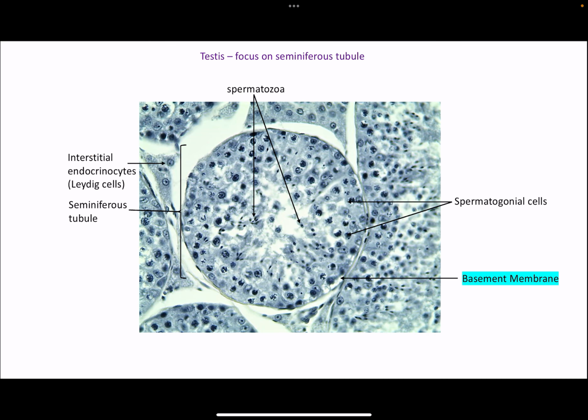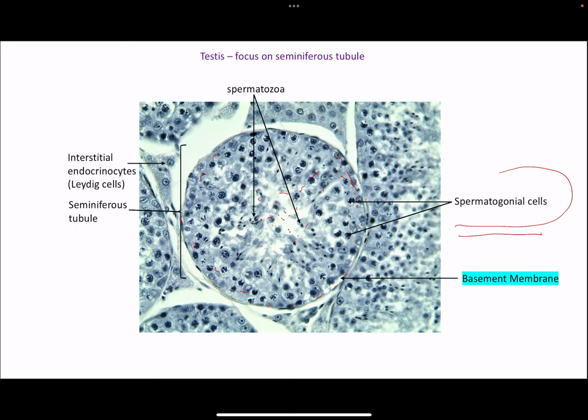Again you can see spermatozoa inside here. When you get mature cells, you should see them inside. Closer to the basement membrane are the immature cells, the spermatogonial cells.